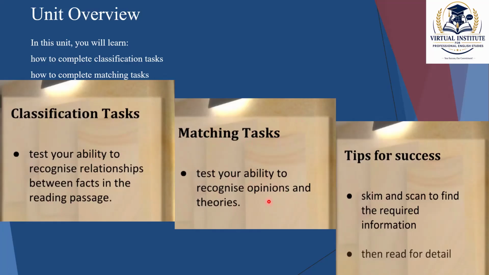You have to read the passage and recognize the opinions mentioned in the text. Along with that, you should also be able to recognize the theories discussed in the passage and try to match the opinions and the theories with each other, right? So this is how these two tasks are.